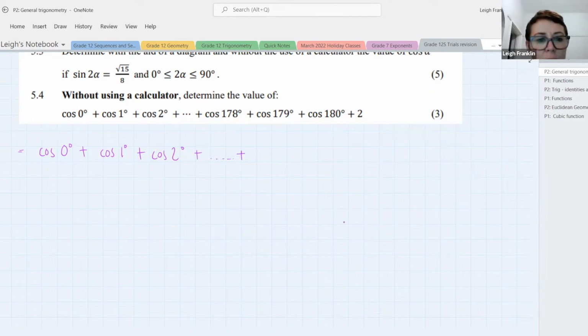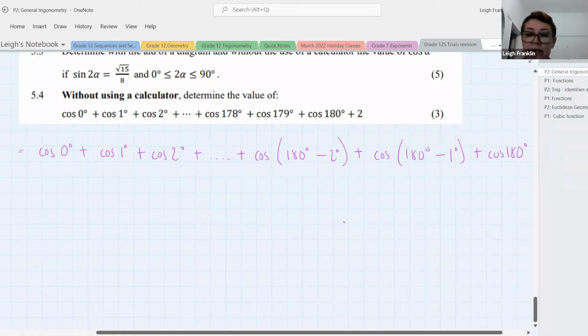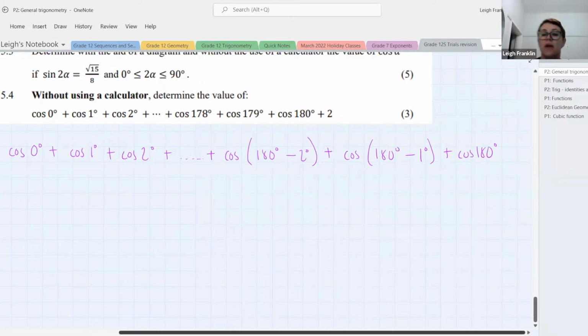Now, how can we rewrite cos 178? I can rewrite this as cos of 180 minus 2, plus cos 179, which I can write as cos of 180 minus 1, plus cos 180.